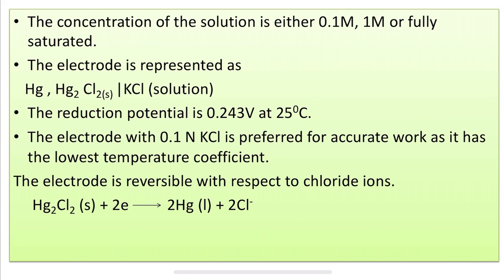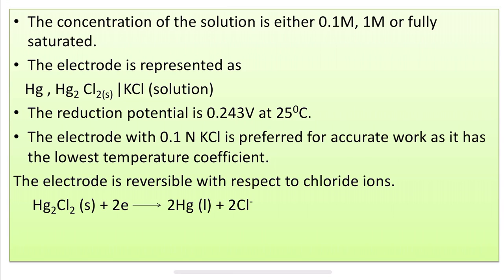It has a reduction potential of 0.243 volts at 25 degrees centigrade. The potential of the calomel electrode depends upon the concentration of the KCl solution. So in what concentration we use the KCl solution indicates the potential of the calomel electrode.